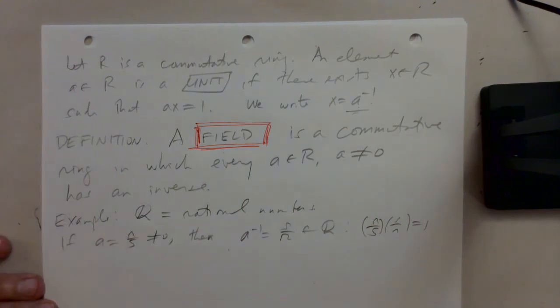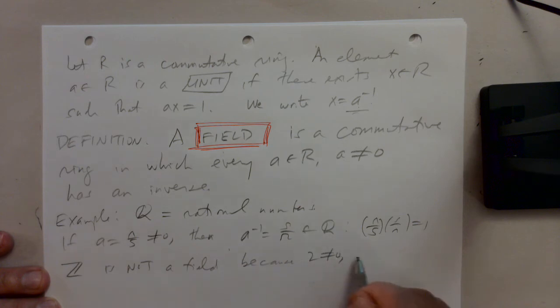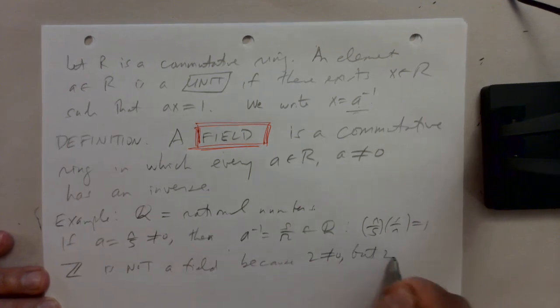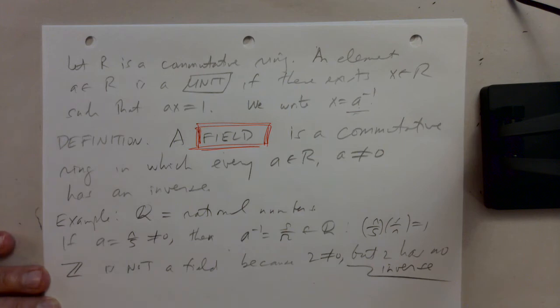So the rational numbers form a field. Z is not a field because, for example, 2 is not 0, but 2 has no inverse. There's no integer you can multiply by 2 to get 1. So the rational numbers form a field, the integers do not.